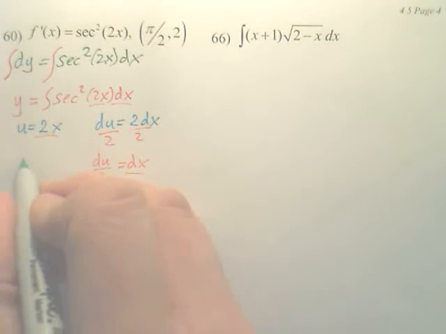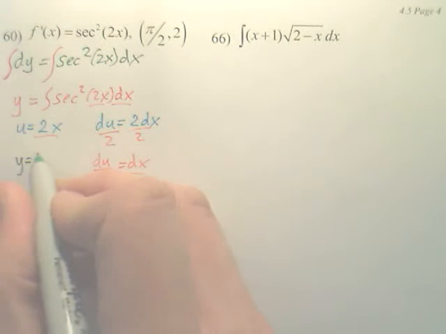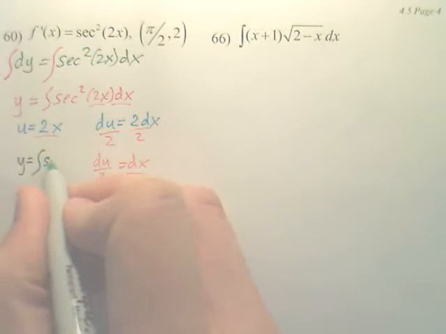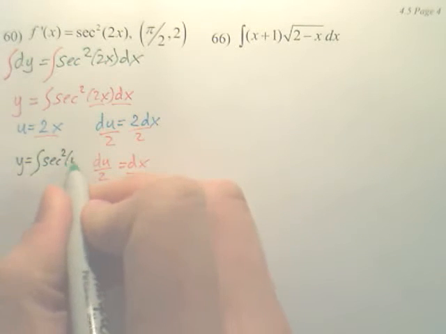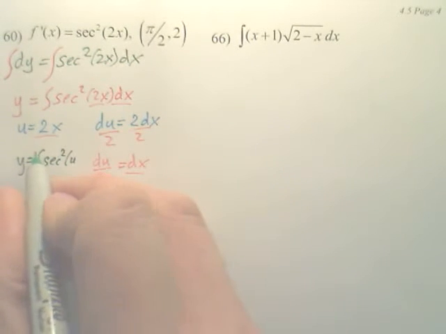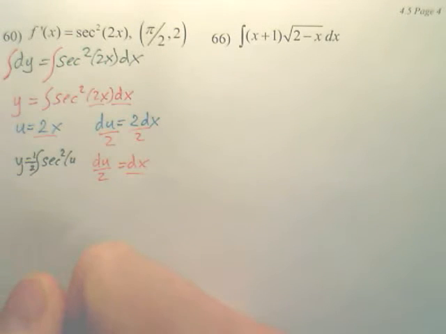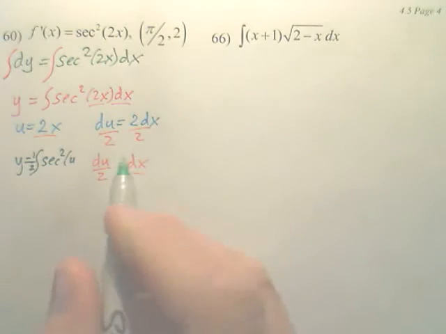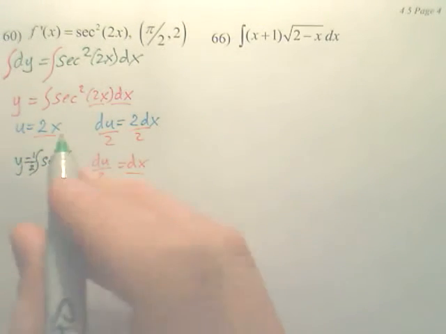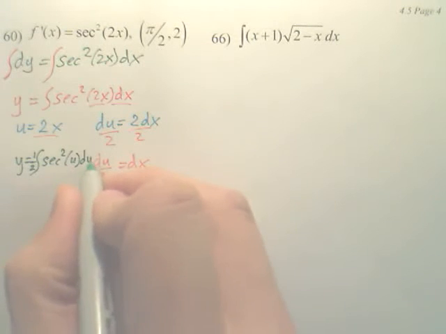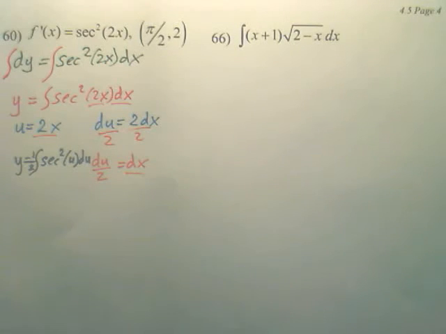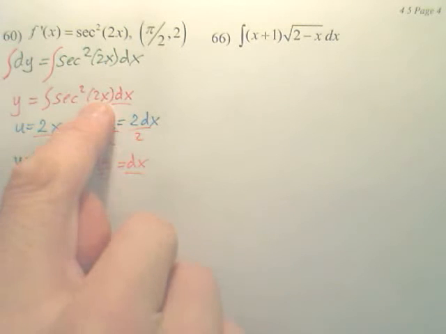So it looks like we now have y equals the integral of secant squared u. Oops, isn't there a 1/2 out front? I had to squeeze that 1/2 out front, because isn't this 1/2 right here? Kind of squished that too much. But you see right here, the u went in for 2x.